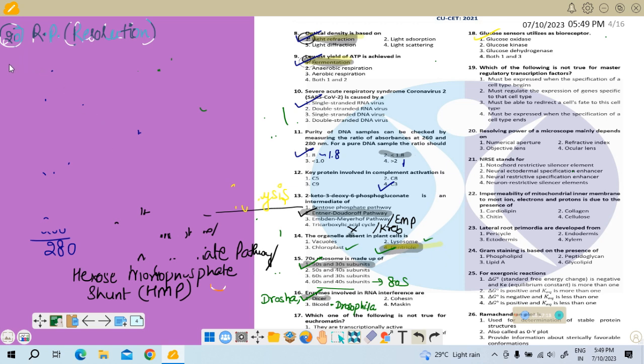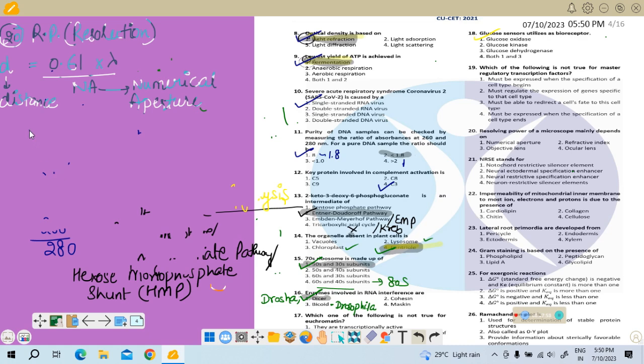Okay, so the formula for resolving power, or you can say distance, small d, is equal to 0.61 into lambda upon NA, or sometimes written as small n. Here NA is the numerical aperture. D is the distance, or you can say resolution or resolving power.